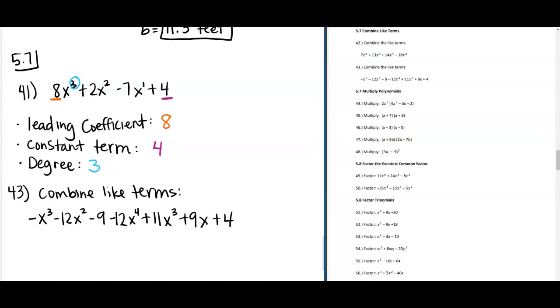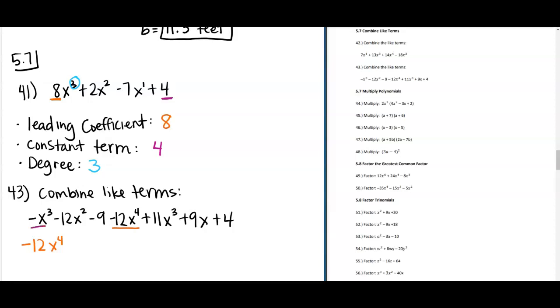Okay, so let me underline this. There's no other x to the fourth power, so I don't have anything else to combine with it. So I'll start off writing negative 12x to the fourth power. Then let's go to the next degree down. Now I'm looking for something x to the third power.